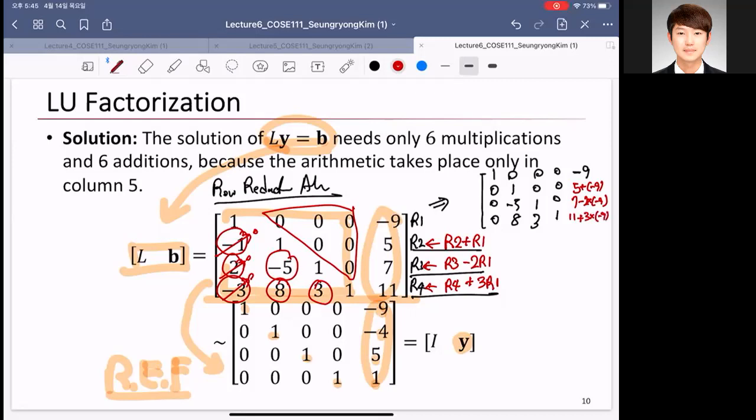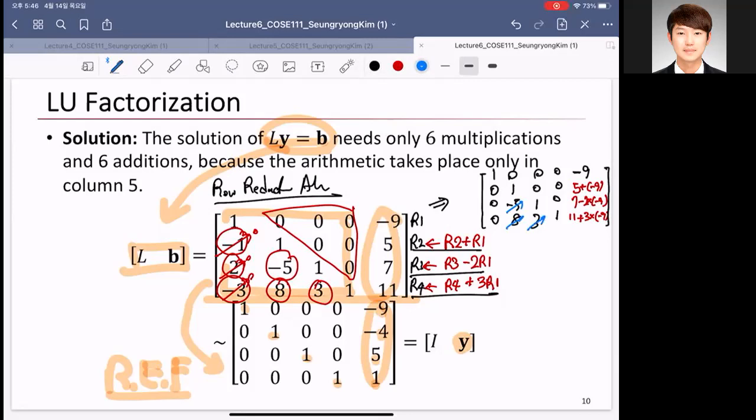Then we find the next matrix. The next step is to apply the row elementary operation to eliminate this term and this term, and finally this term.